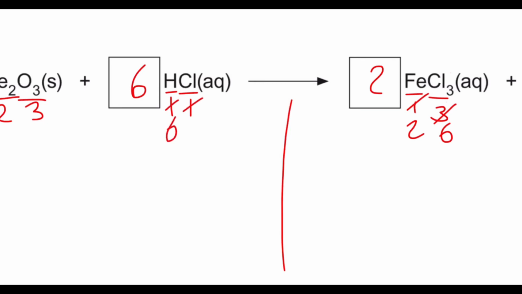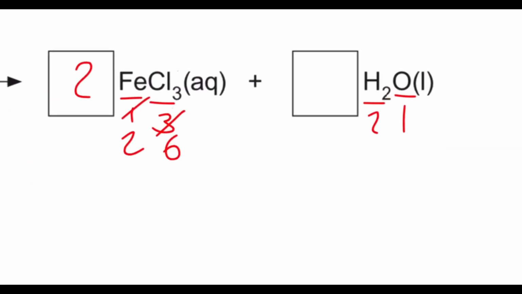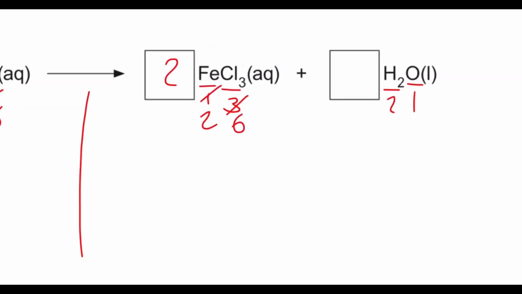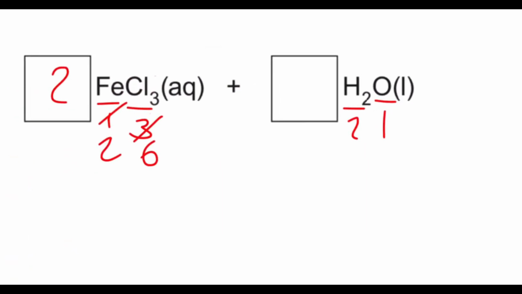the hydrogen. So now we can look at our hydrogen over on the right hand side, which is 2, however we need it to be 6. So to make this 6, we need to divide it.